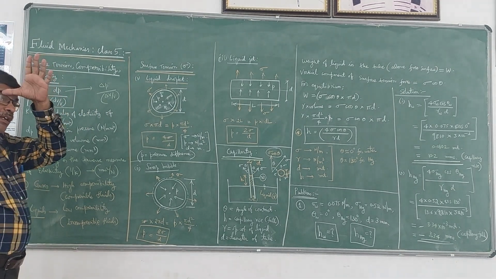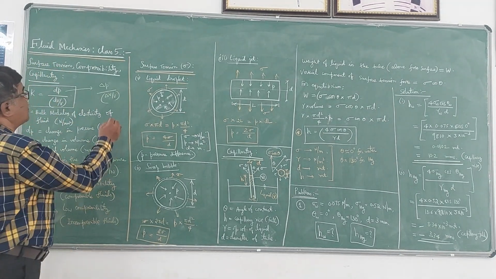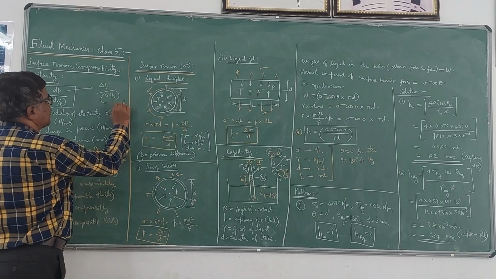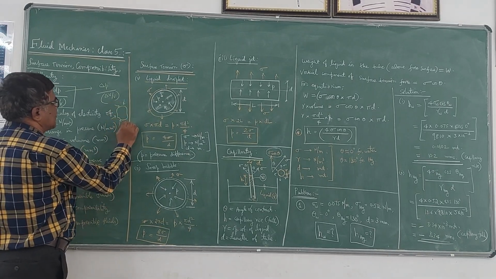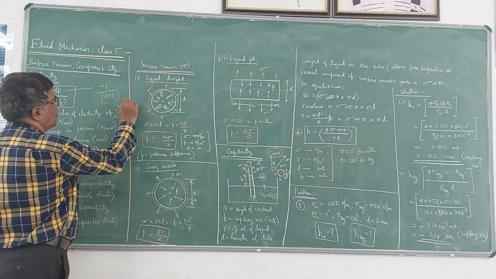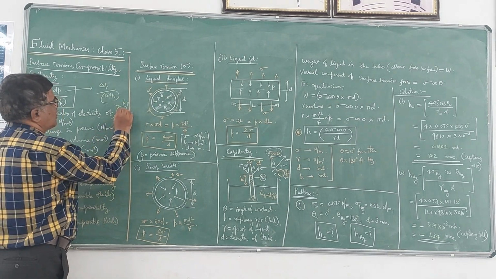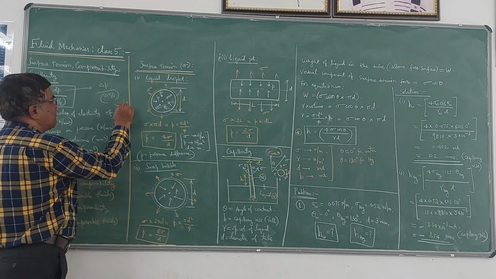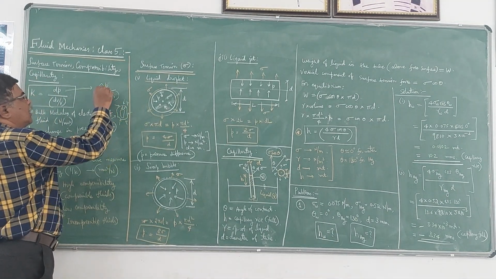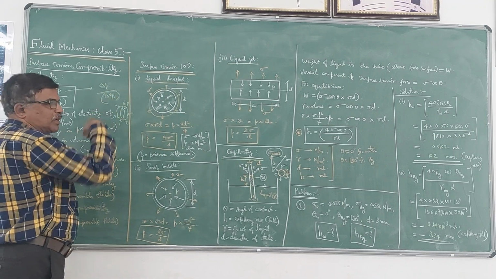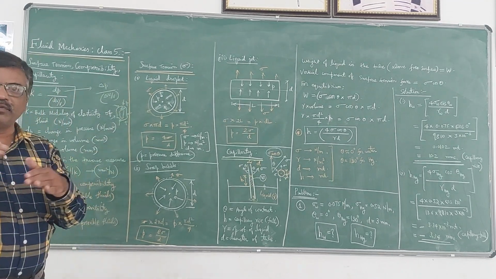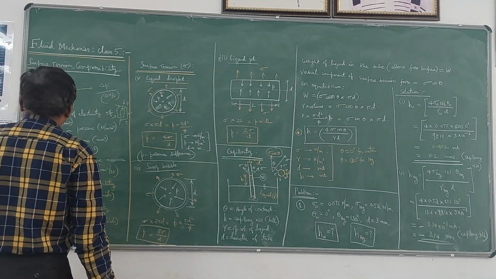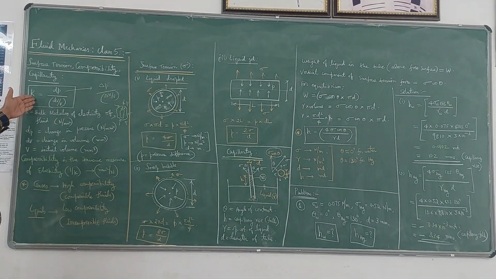And when a fluid mass is subjected to some pressure, as you know, as the pressure increases, the volume reduces. So that change in volume divided by the initial volume, along with the change in pressure, that is the final pressure minus the initial pressure, bears a ratio called the bulk modulus of elasticity.